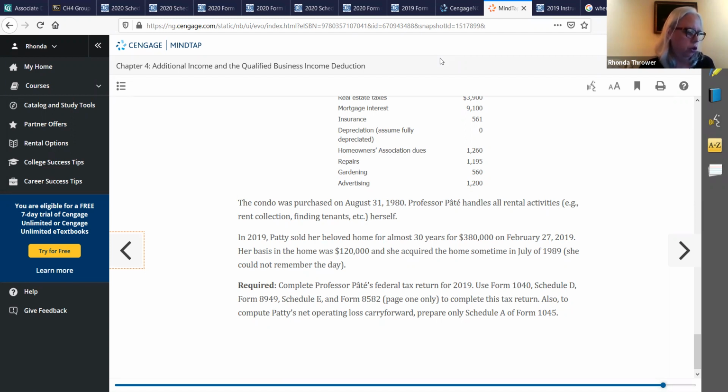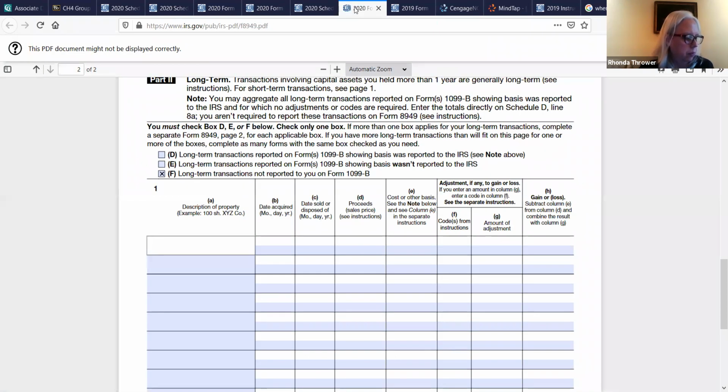So I'm going back to my Form 8949. And I'm in part 2, and I'm going to just put primary residence here because that's what it was, or you could say it's a personal home. But the tax rules probably like for you to say that it's a residence. And it's a primary residence because that's where they have lived.